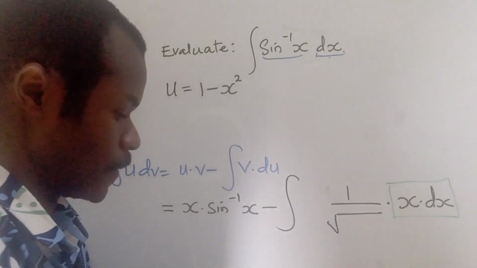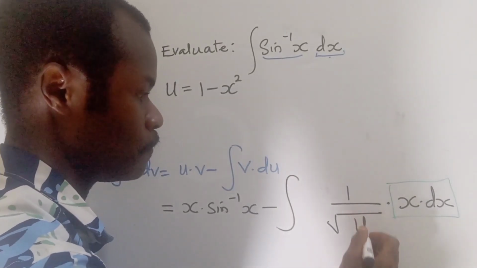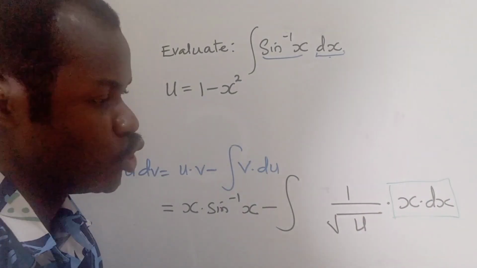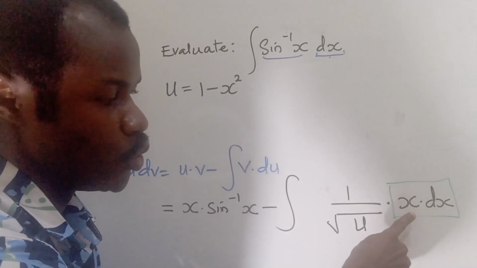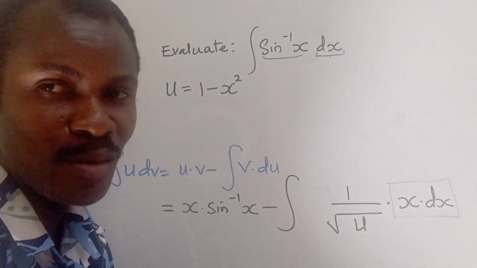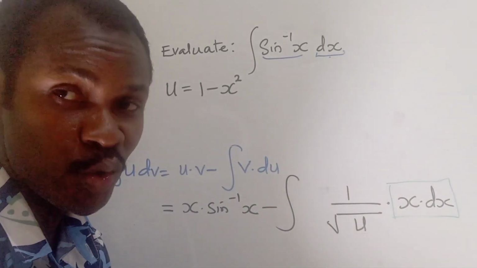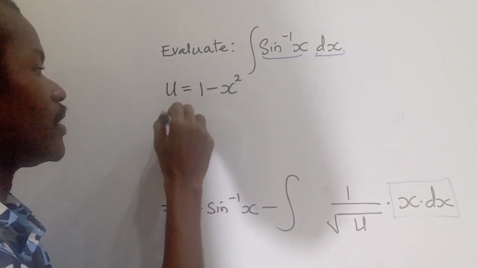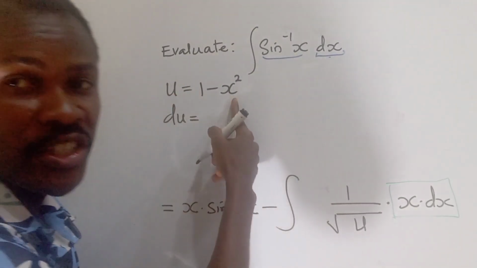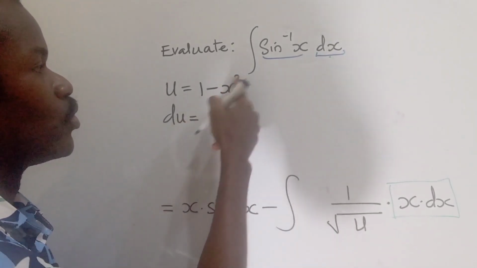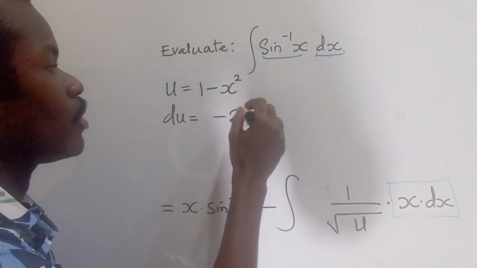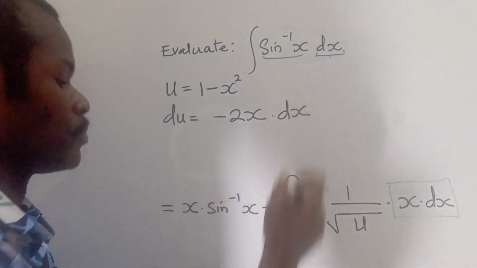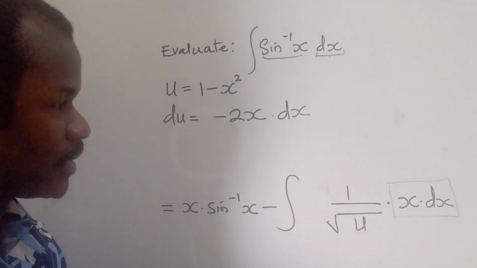Now we also have to work on this part to introduce du, so that this integral becomes in terms of u. Since u equals 1 minus x squared, our du is going to be, differentiating, 0 for this and minus 2 multiplied by x raised to the power of 1 multiplied by dx.